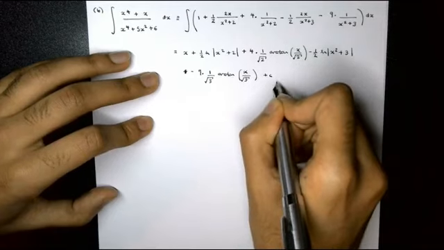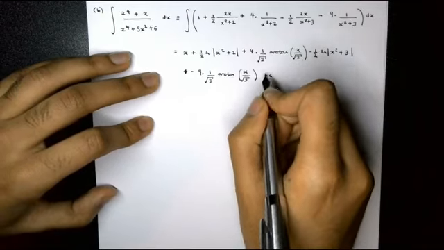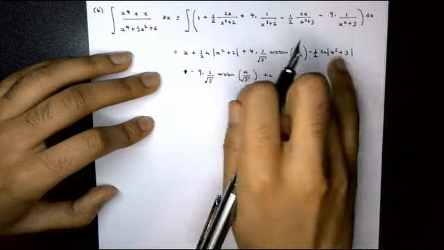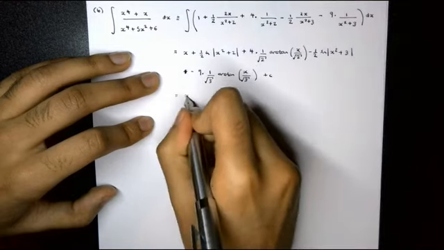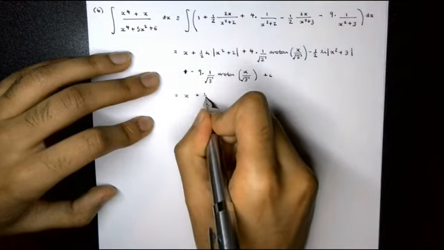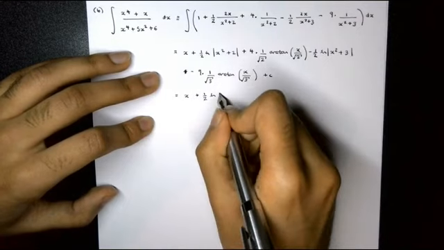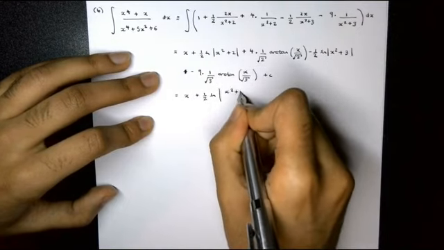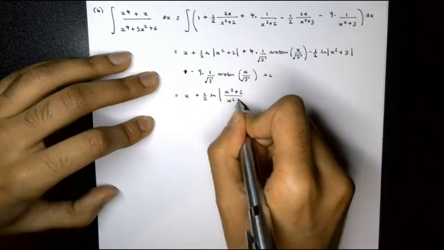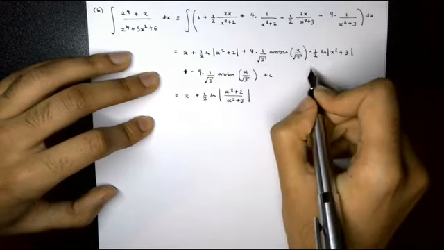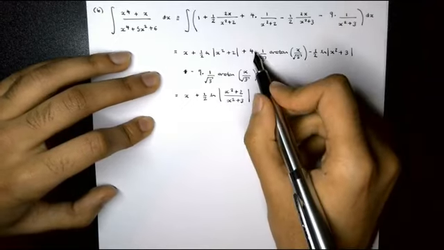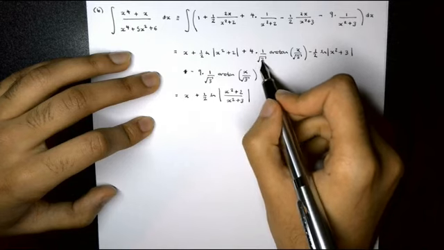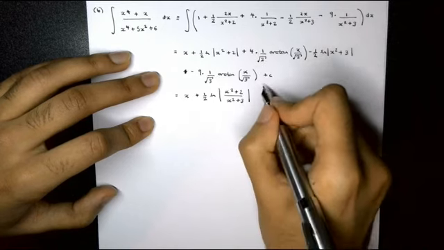And don't forget we've got a constant of integration. Now this term and this term we can combine. So we've got the x plus the 1/2 times the natural log of the mod of x squared plus 2 over x squared plus 3. And then here we've got 4 times 1 over root 2, that's 2 root 2.